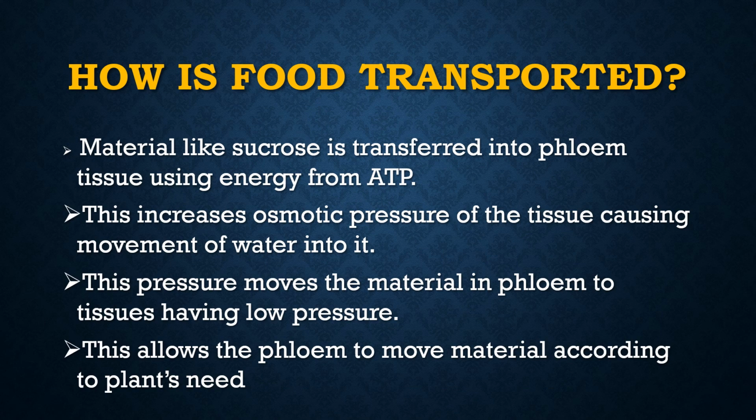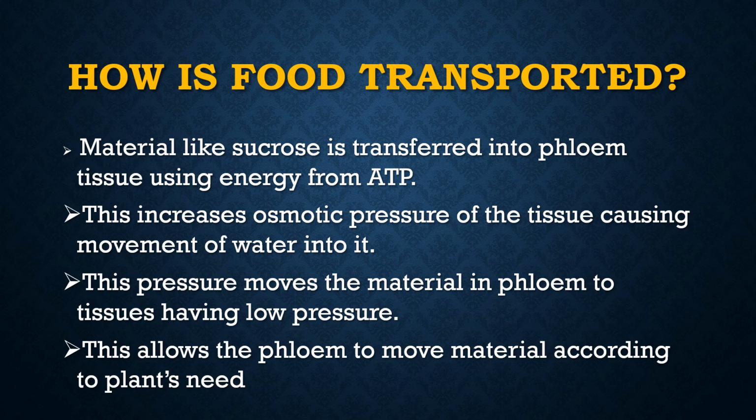As the food enters the tissue, its osmotic pressure increases, and it causes the movement of water into the phloem. Means as the water enters, the pressure increases, and this is the pressure which moves the material in the phloem to the tissues having low pressure.